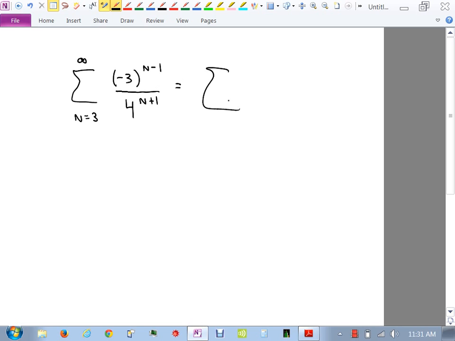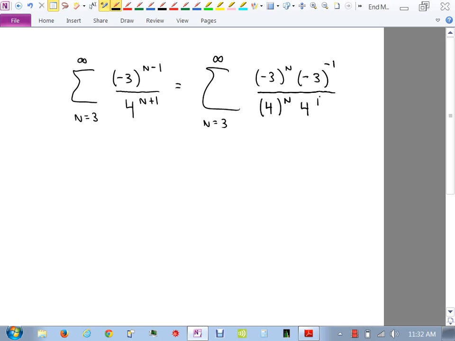So I like that idea. n equals 3. Now we do have a problem here. Do y'all notice the index? I don't know if we have to change it. Yeah, we're going to have to change the index. If it converges, then we have to make everything match.